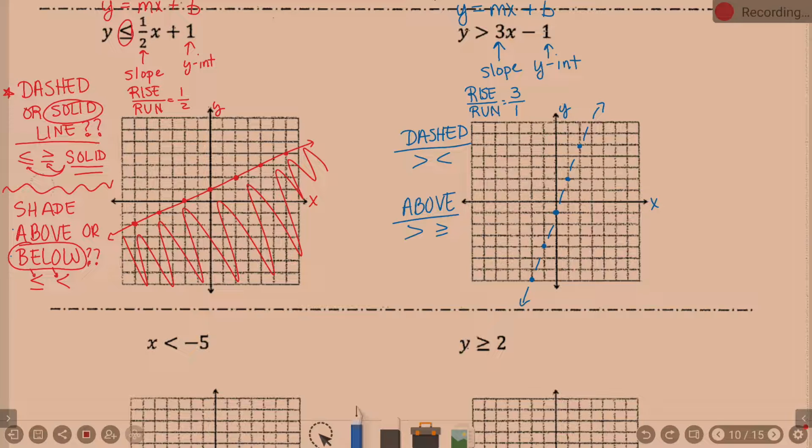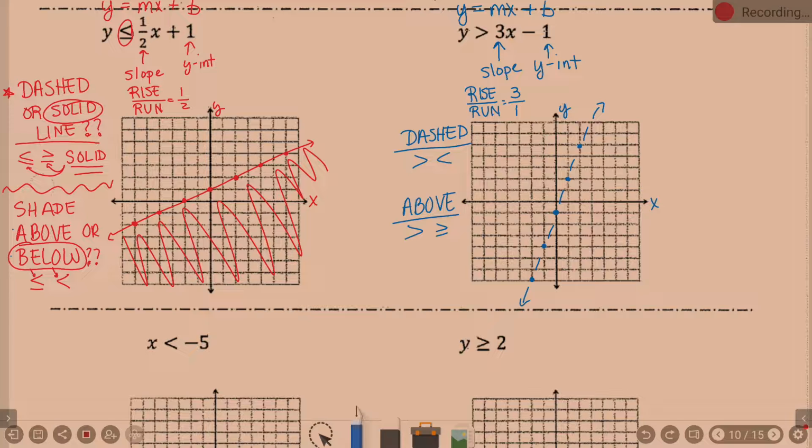Now, where is above? Here's the deal. I hesitate to use the words left and right, because when we talk about above, it all depends on the angle of the line. Above could be the left or the right, depending on whether the line angles this way or that way.